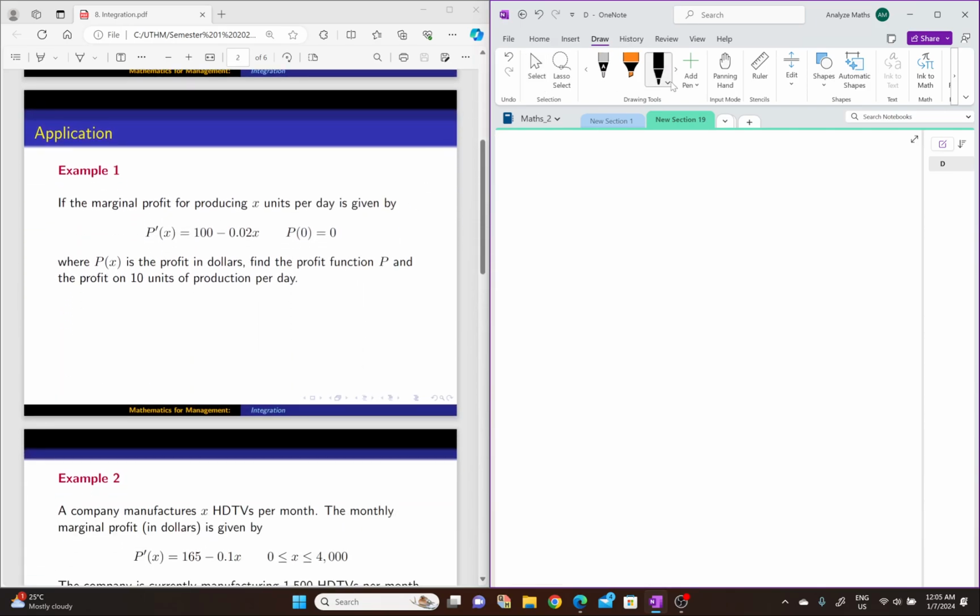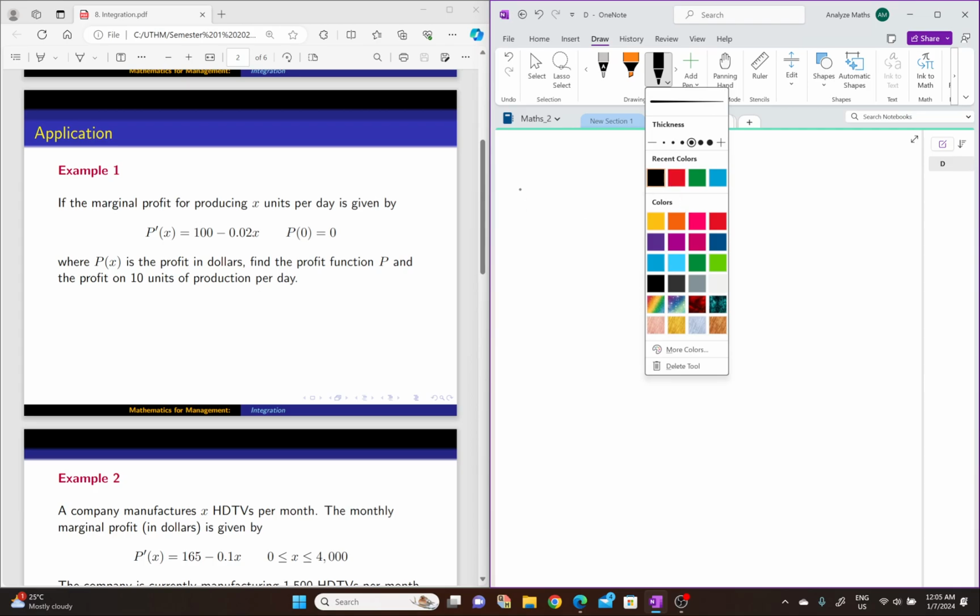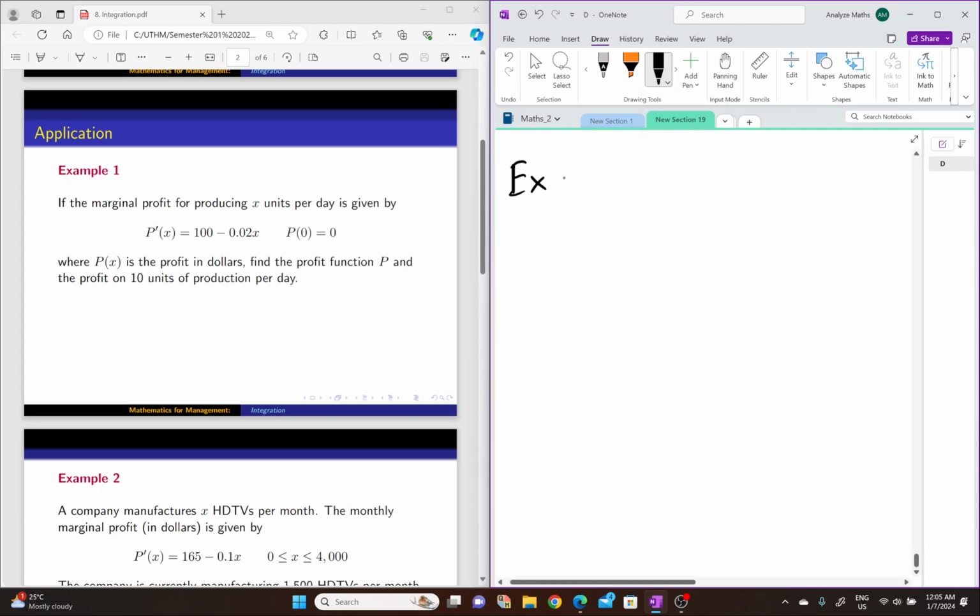So in differentiation we have seen what is marginal, how to get the marginal profit, marginal cost, marginal revenue. We differentiate, isn't it? Now reverse, they give you marginal and you get back the function, so we have to integrate.